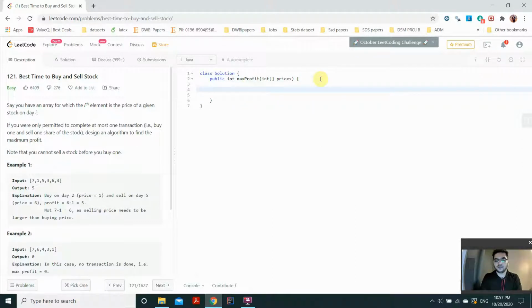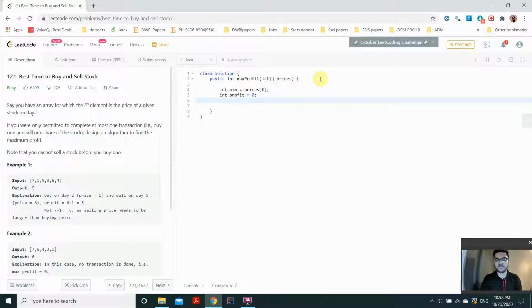Initially we need two variables to store the minimum value and the maximum profit, as we saw. The minimum we can consider at the first point, and the maximum profit would be 0 initially.